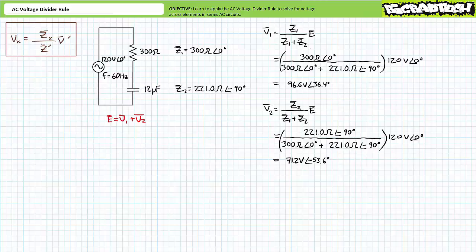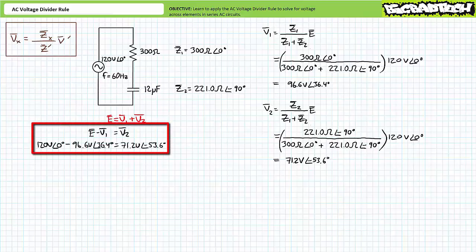Let's do so for V2. An algebraic rearrangement solving for V2 suggests that E minus V1 equals V2. Substituting our given value for source voltage and our calculated value for V1 yields V2 to be 71.2 volts at an angle of -53.6 degrees, confirming our earlier calculations with the AC voltage divider rule.